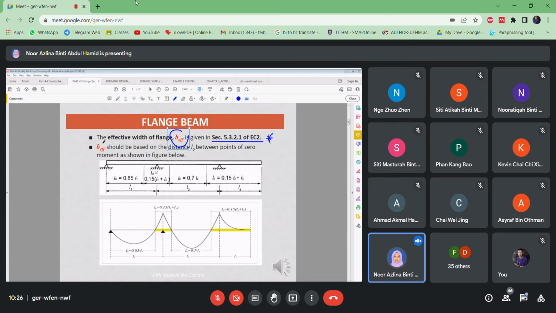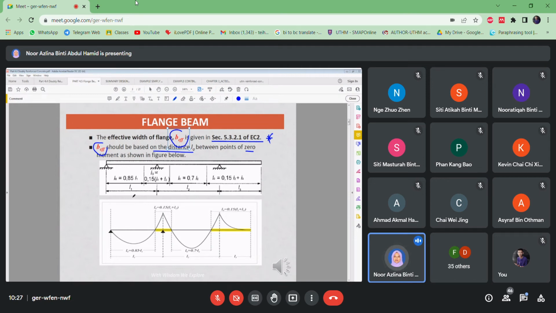So b effective here is actually based on the distance L0, okay, between points of zero moment as shown in this figure. So the beam here is supported at this point and then this point, while this is hanging, okay, hanging region here, which is the end of here, it's free, there's no support here.